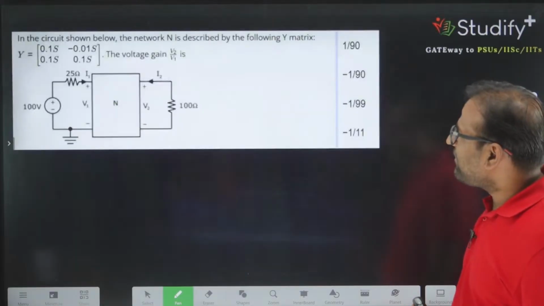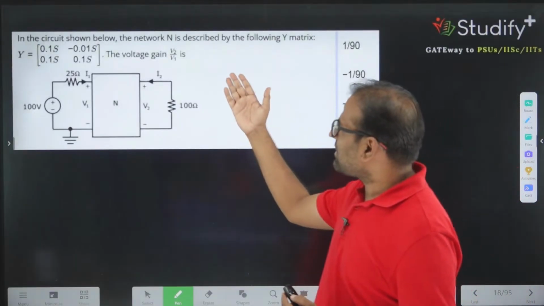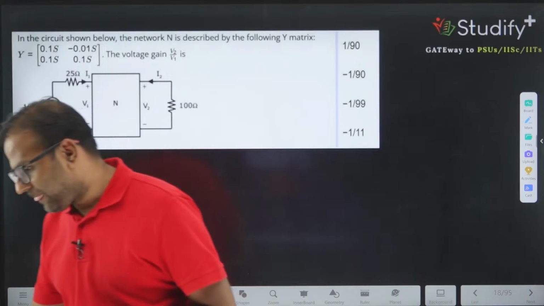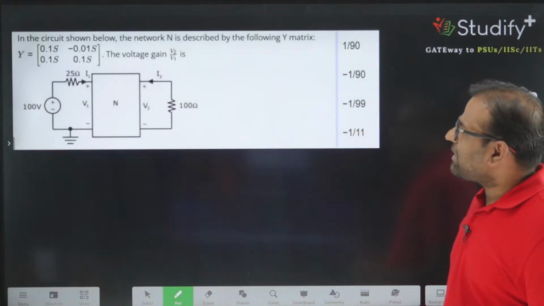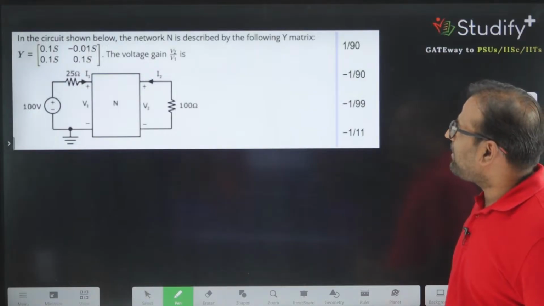And this is again one simple question. What they are asking in this question: in the circuit shown below, the network N is described by Y matrix.